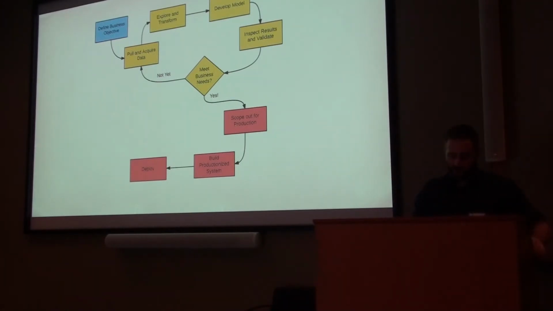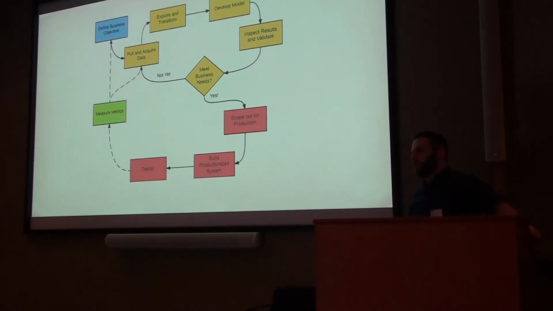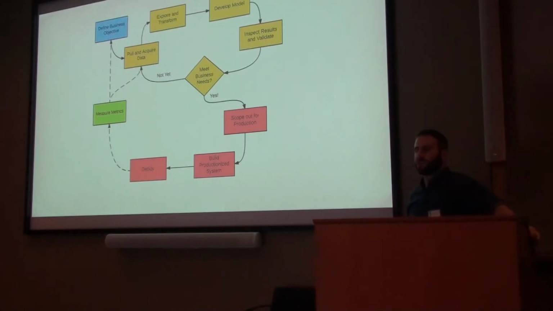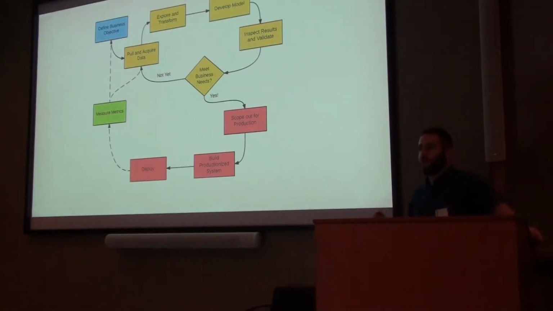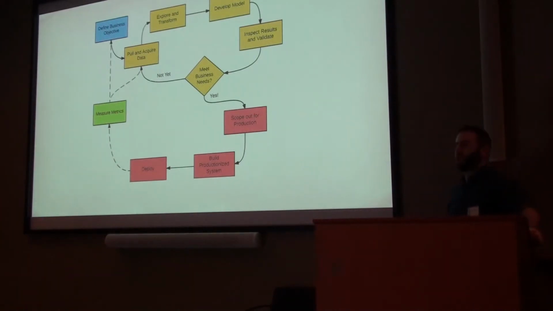And when you deploy it, you have to think about monitoring and measuring, which brings us to measuring metrics. Now, this is different than your ROC curve. This is different than how well your model's performing from a fitting standpoint. This is about essentially, did my model in a real-world environment actually bring back value to the business? So this is tracking and analytics as if it was anything else.